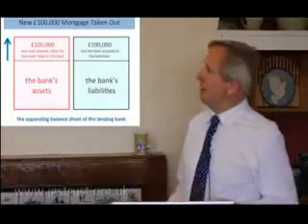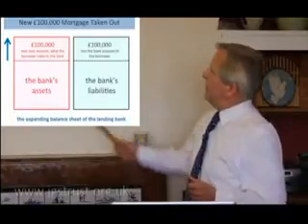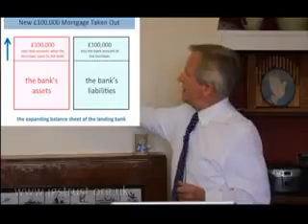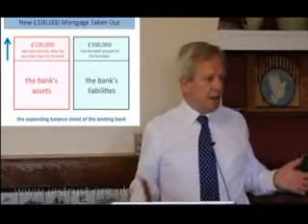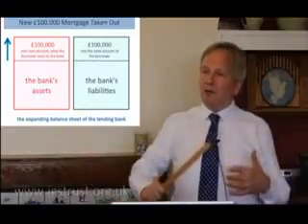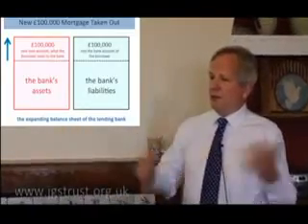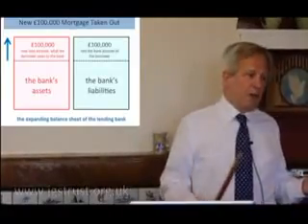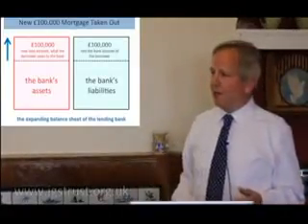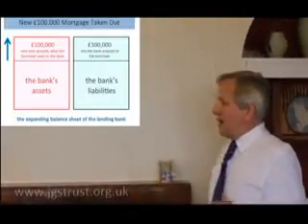Well, very schematically, this. The bank's assets go up 100,000 because this person who walked in the door now owes the bank £100,000, which wasn't owed to the bank before. So the bank's got £100,000 extra assets to what it had before the event. How is that balanced?